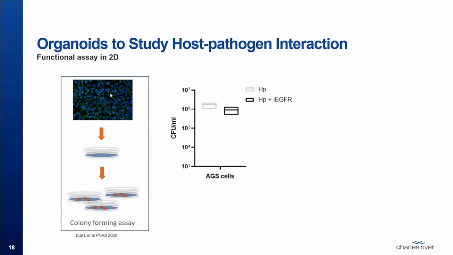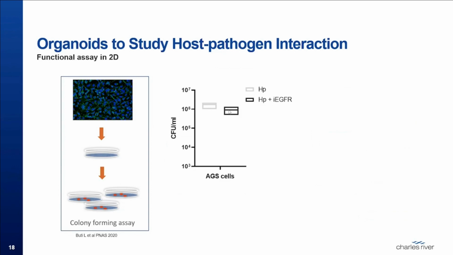Now, this experiment was initially done using the gastric cell line, and what you can see here is quite a disappointing result, because when we infected the cells with H. pylori and treated them with EGFR inhibitor, we didn't see any difference whatsoever.